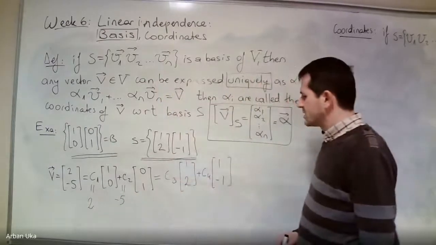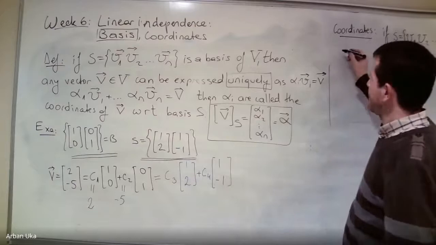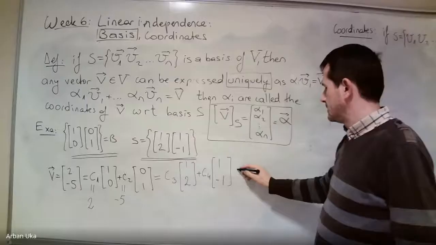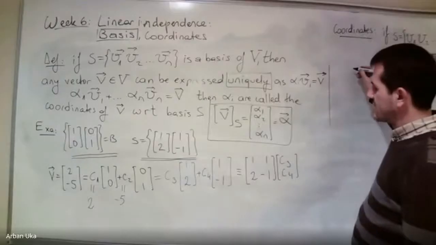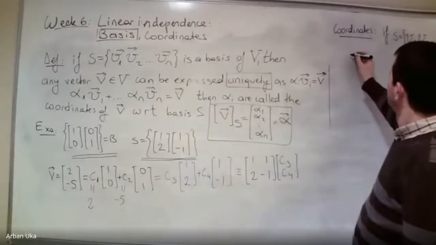What about C3? We should construct the system: C3 plus C4 equals 2, and 2 C3 minus C4 equals -5.